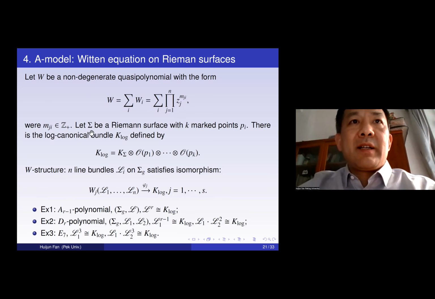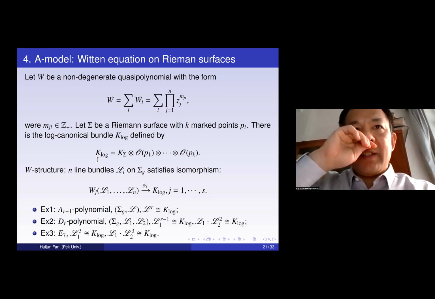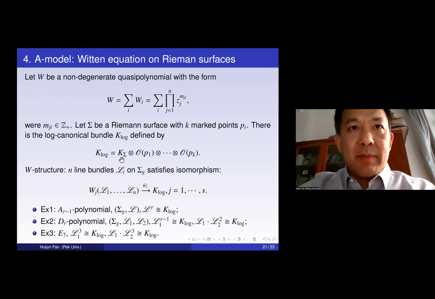Consider sigma to be a Riemann surface with k marked points p_i. The log canonical bundle K_log is defined as the canonical bundle K_sigma tensored with the line bundles of the k points.